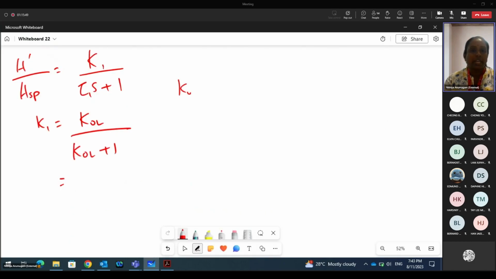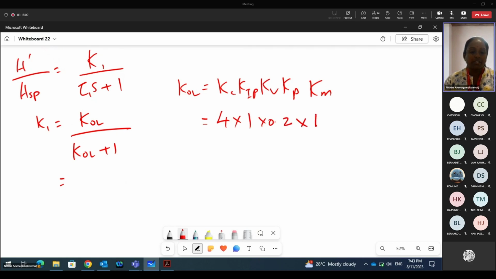So the KOL expression we earlier defined as KC, KIP, KV, KP, and KM. The value for KC is given as 4, 0.2 times 1 from 1.7.